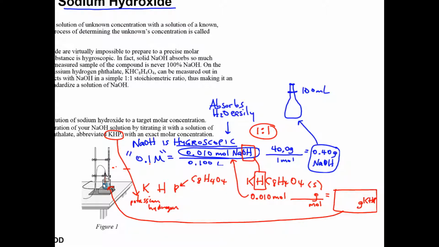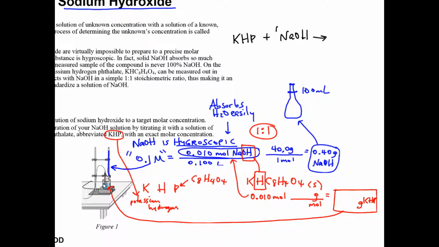You're going to figure out how much of the NaOH you needed to titrate the KHP. Then to do that, you're going to know it reacts in a 1-to-1 ratio. So I'll write it out here for you briefly. You know that NaOH and KHP are going to react in a 1-to-1 ratio.